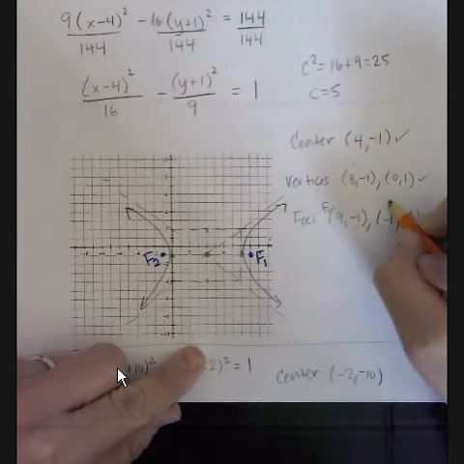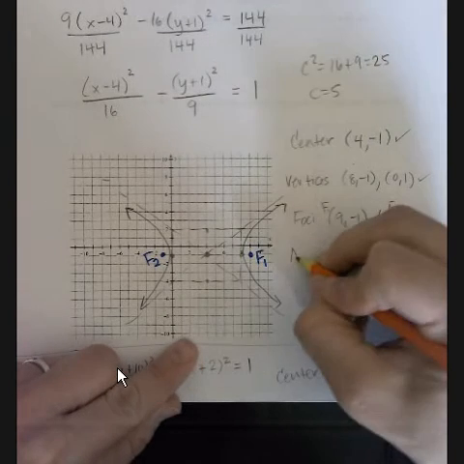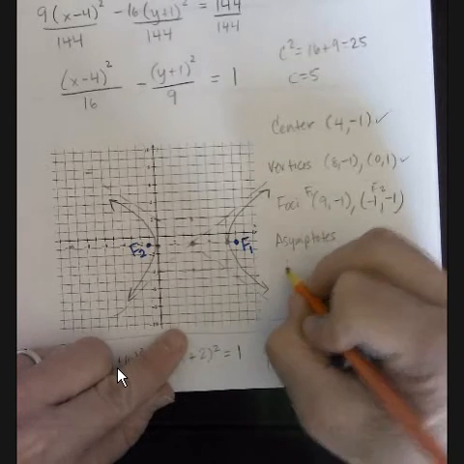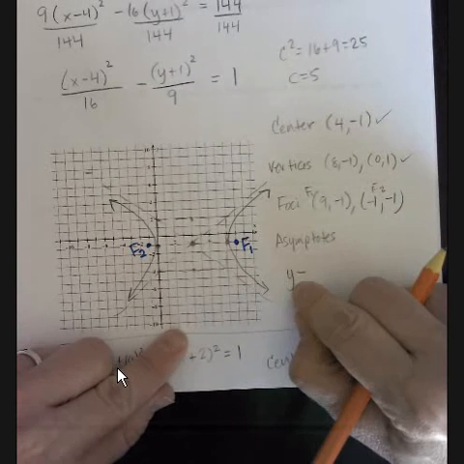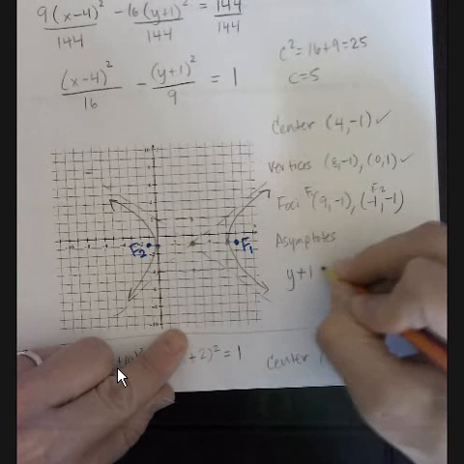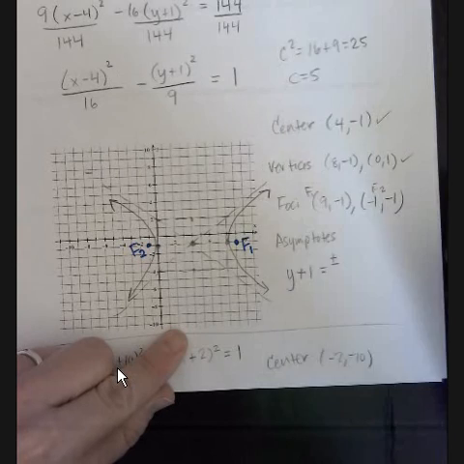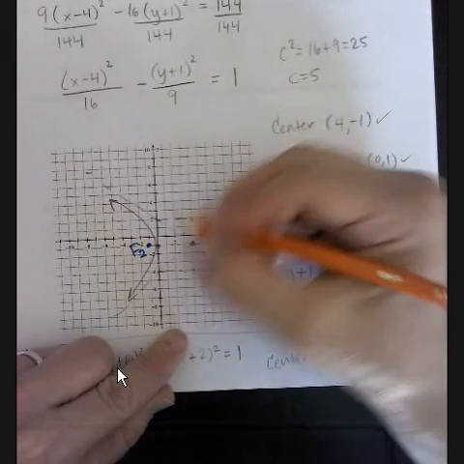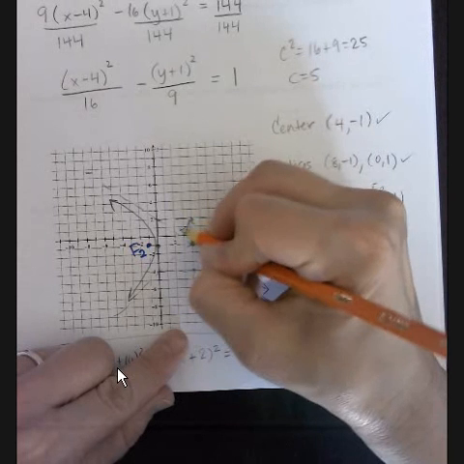And then the asymptotes. So you have y minus, the y coordinate is negative 1, so that becomes plus 1, equals plus or minus. Just do one statement with a plus or minus. The slope is up 3, right 4, so 3/4.